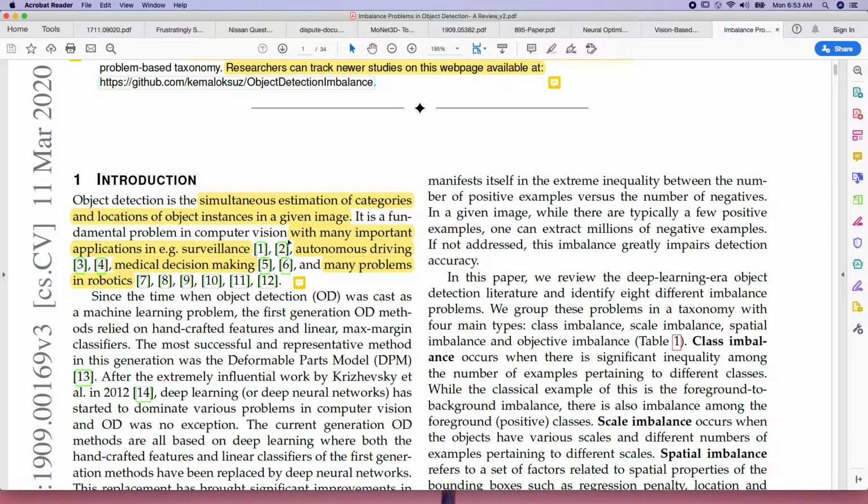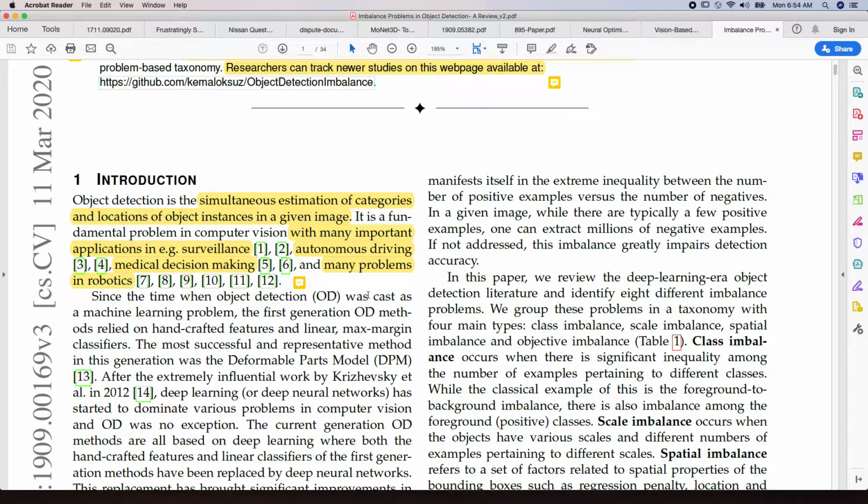And object detection is applicable in a number of applications. For instance, in surveillance, you may want to have a camera that will actually be able to spot incidents or spot a particular portion, monitor a particular area of a vicinity.